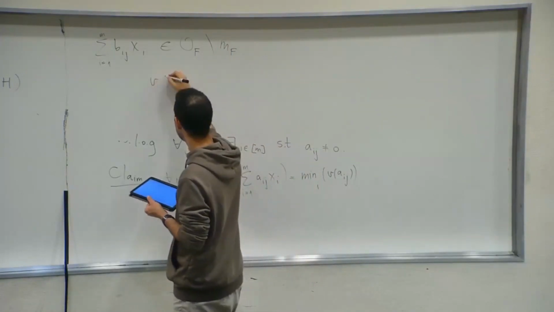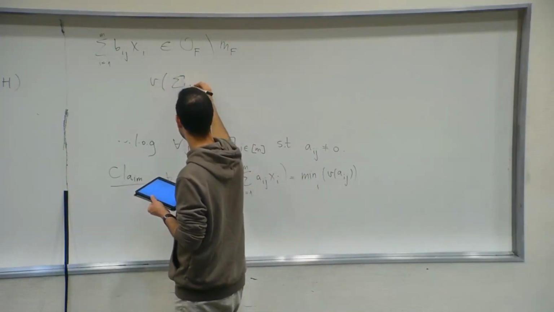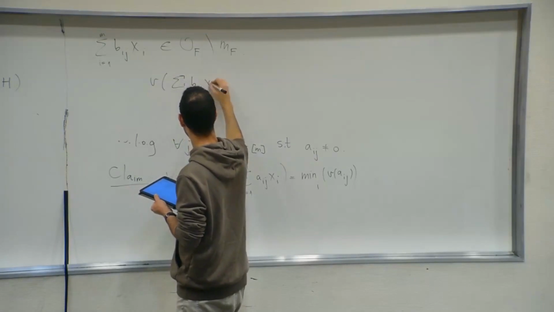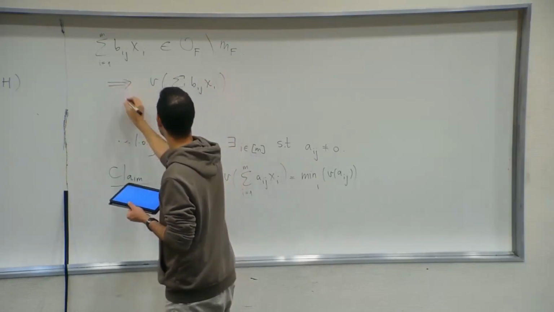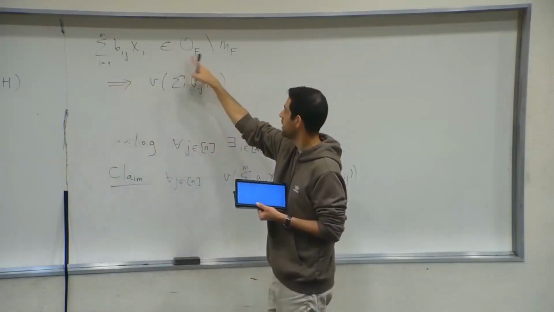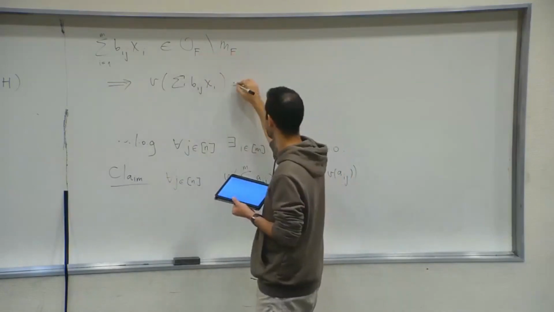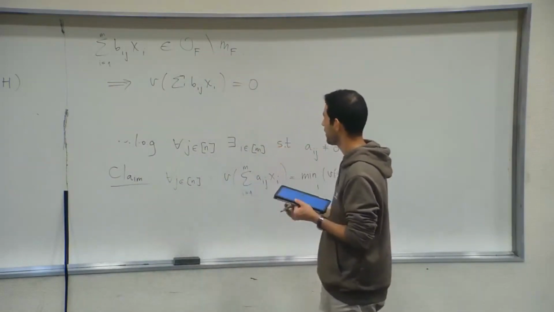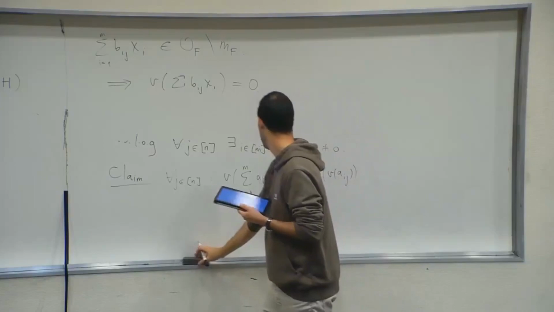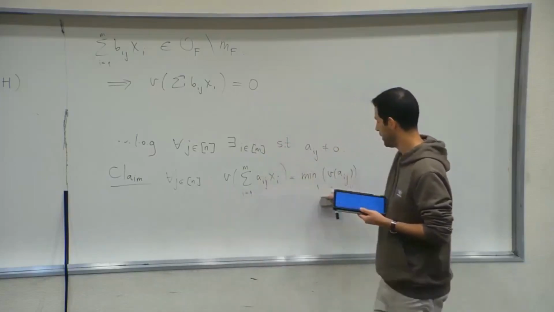So what is the valuation of this thing? Good, it's in OF, so it's non-negative, but it's not in MF, so it's not positive, so it has to be zero. And we wanted to show this.